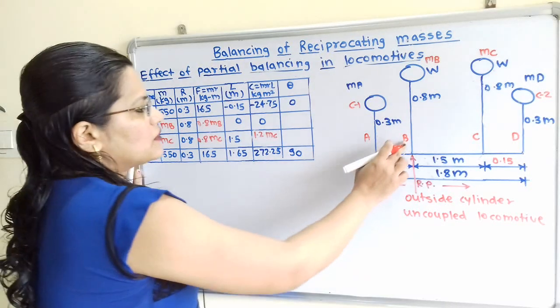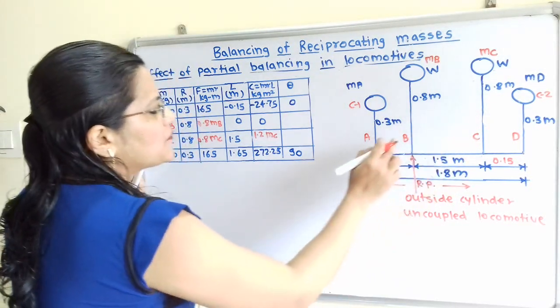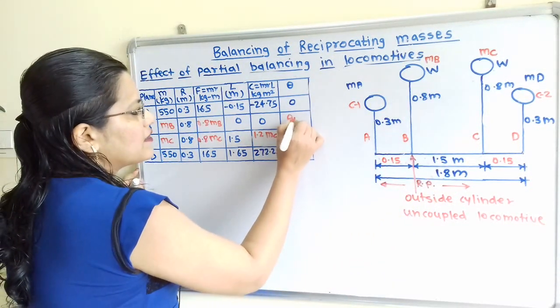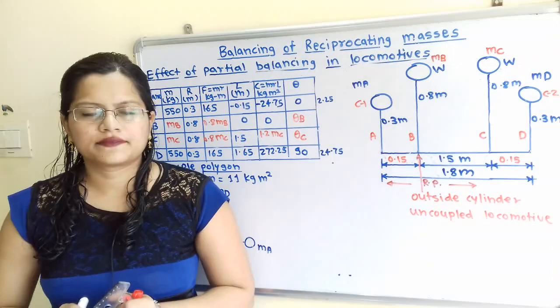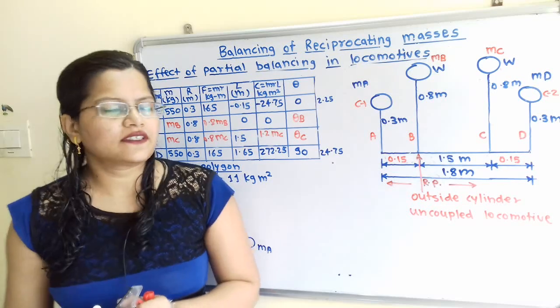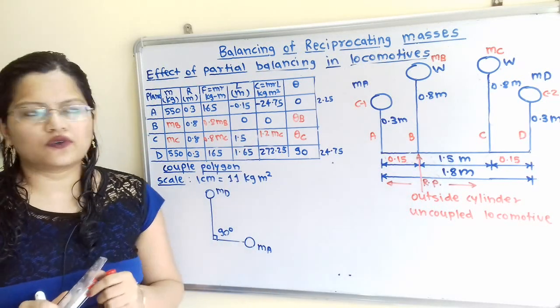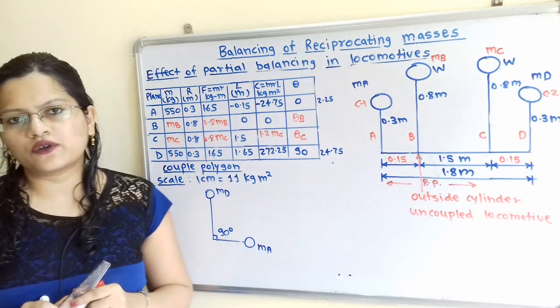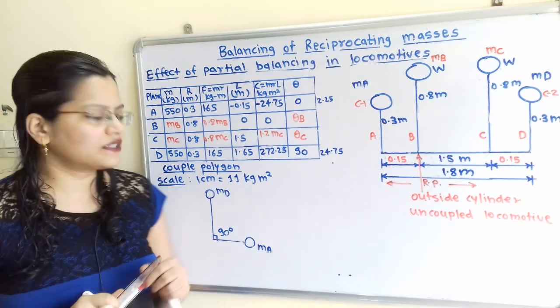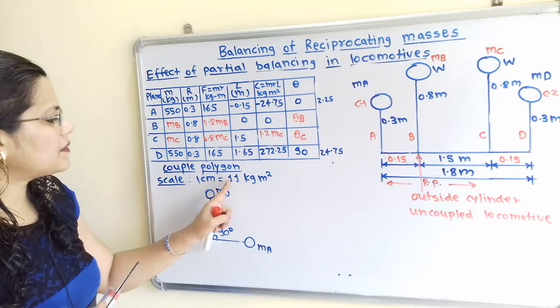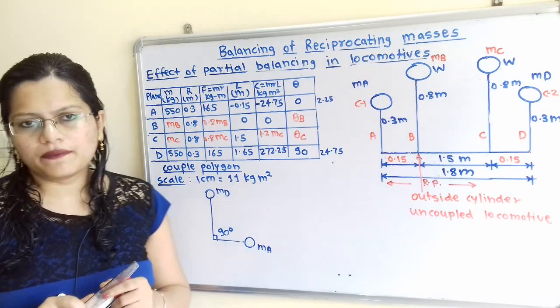And now the positions of the balancing masses for these planes are unknown, so I will write here theta B and theta C. If we observe this couple, the first two terms are unknown. So we will first draw the couple polygon with some suitable scale. So scale 1 centimeter is equal to 11 kilogram meter square.